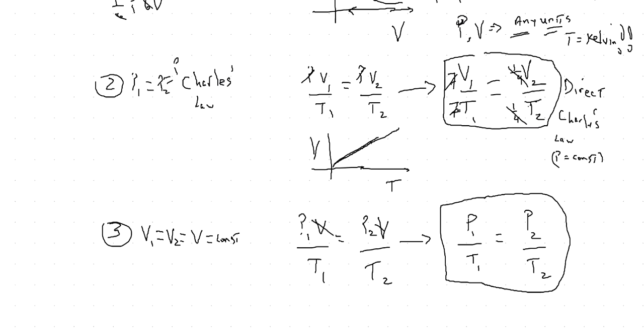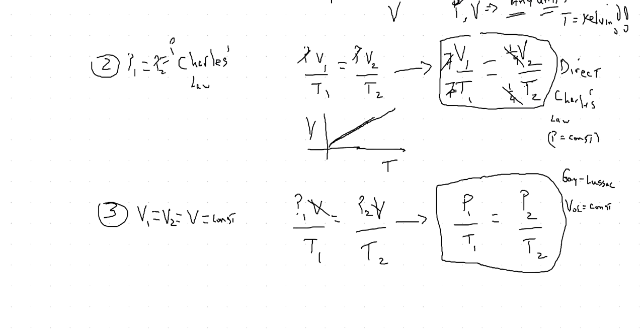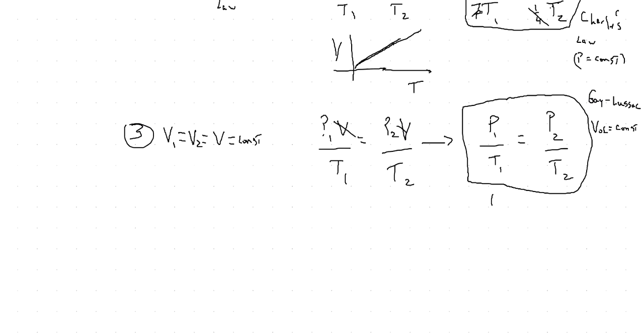Okay. And again, this is the law of Gay-Lussac. And this just tells us that the volume is a constant. This is also a direct relationship.